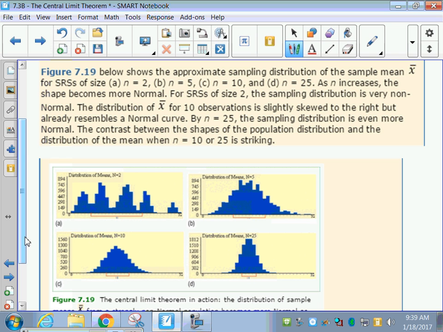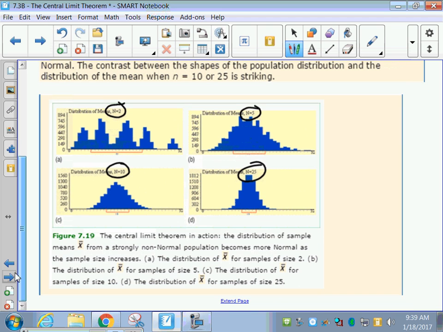So what we did with the applet is n equals 2, n equals 5, n equals 10, n equals 25. Of course, what's happening as n increases? More normal, just like we talked about. There's a huge difference between a sample size of 2 and a sample size of 25.